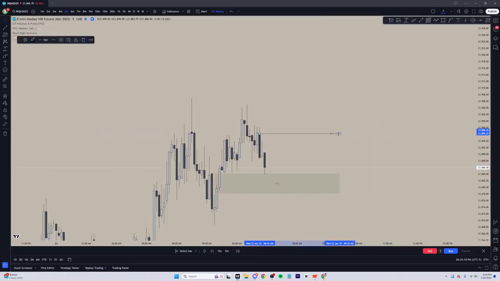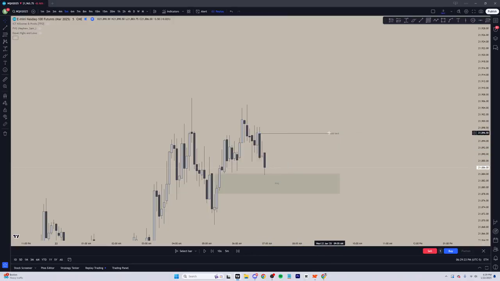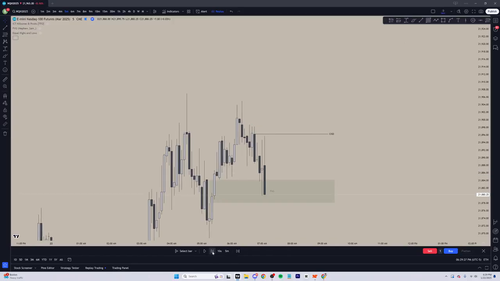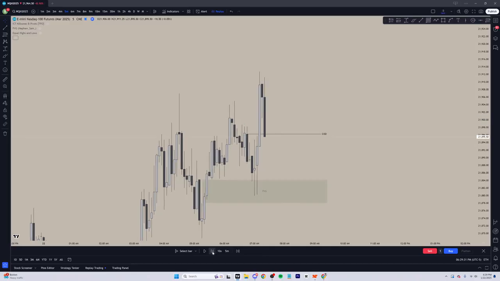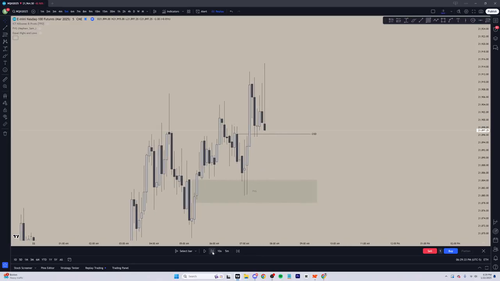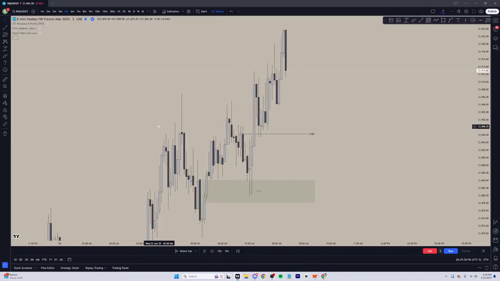So once we get a closure above this, this is confirming your bullish order flow. All right. Once we get a closure above the series of down close candles, your CISD happens there. And there's times where this is a valid CISD because we are in bullish order flow, but pay attention to where the candle closes.